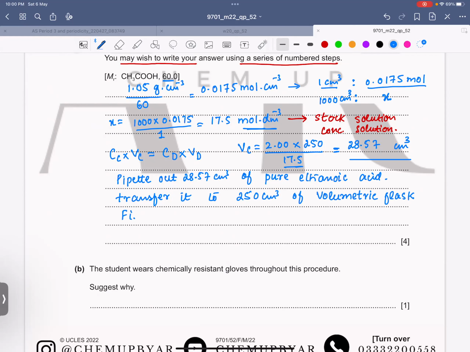Then fill the flask up to the mark with distilled water. Is this part understandable to everyone? If anybody has any doubt, do ask.